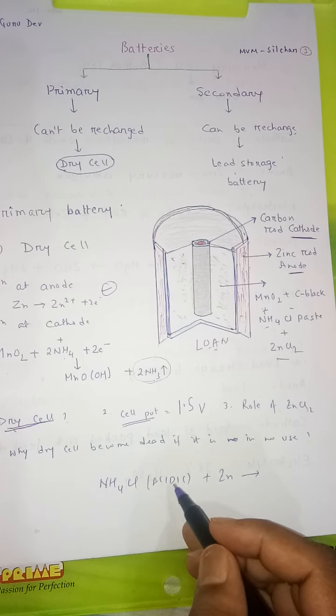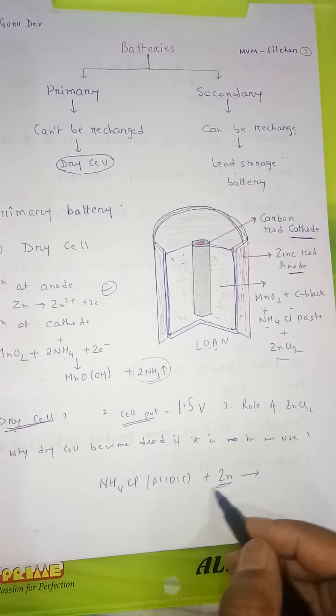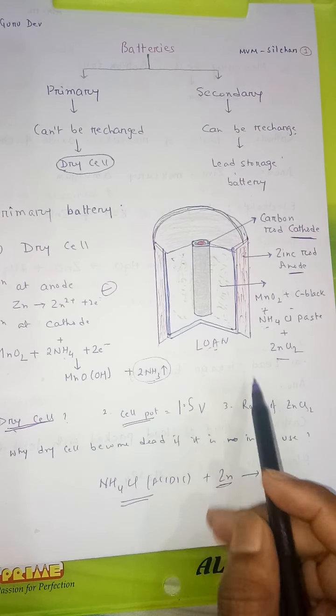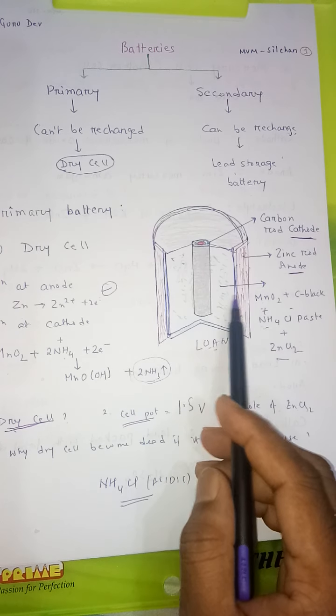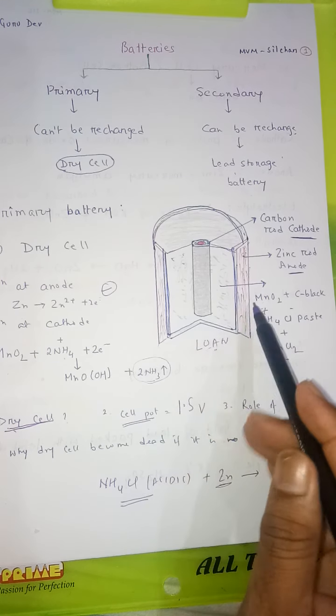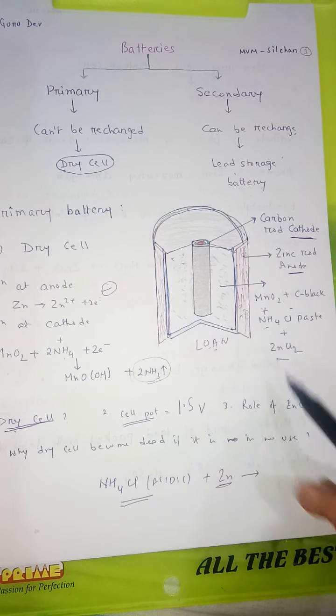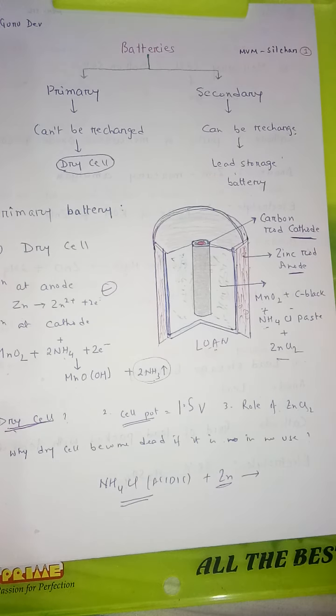So zinc chloride, ammonia gas, all these things are produced. This makes the cell porous because the zinc casing is outside and ammonium chloride inside, they react and make it porous. That is why this cell becomes dead if it is not used for a longer time.